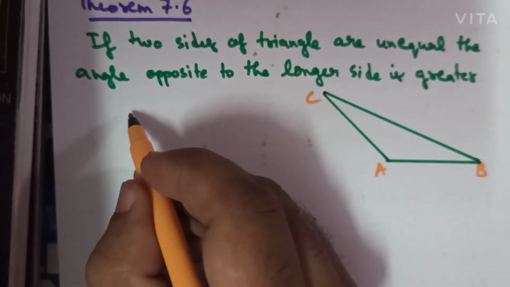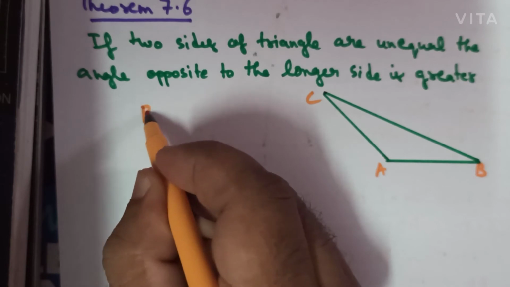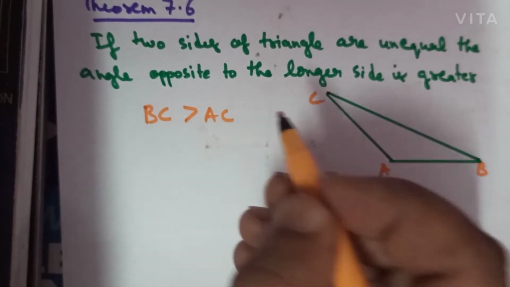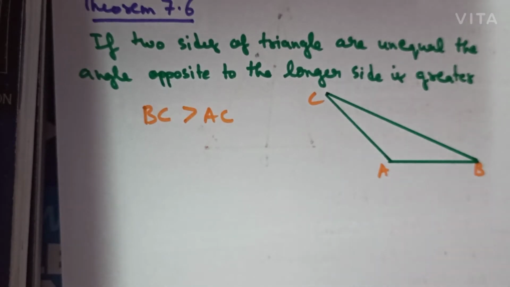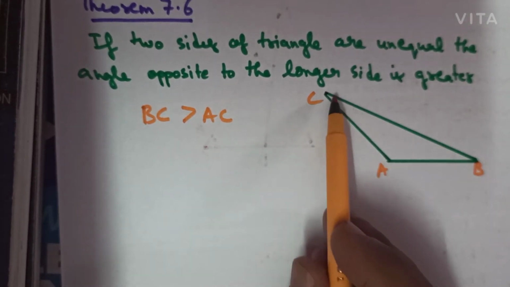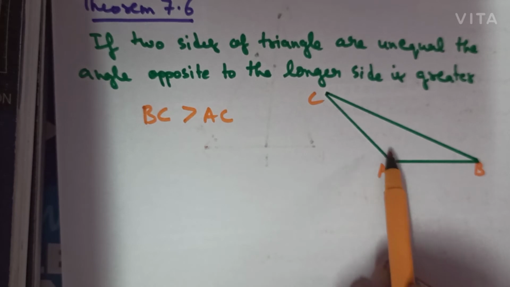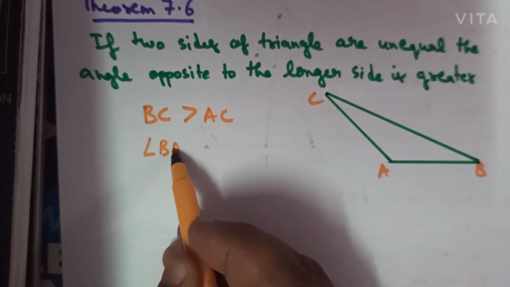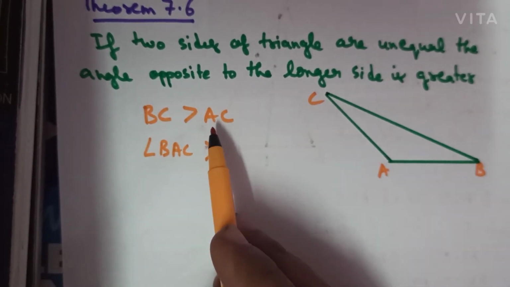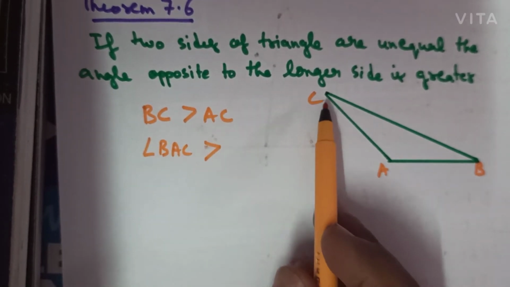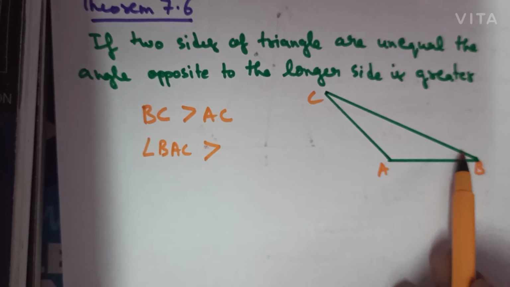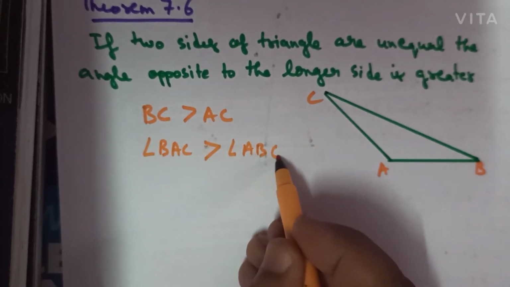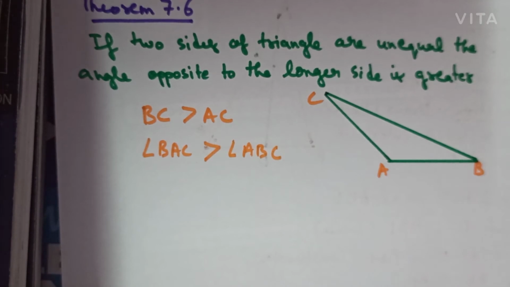Then according to the theorem, the angle opposite to BC, which is angle A, this angle, that is angle BAC, will be greater than the angle opposite to AC. The angle opposite to AC is this angle, that is angle B, that is angle ABC. I hope you have understood.